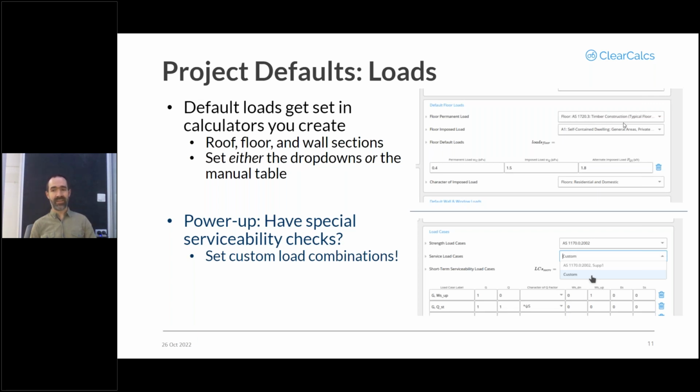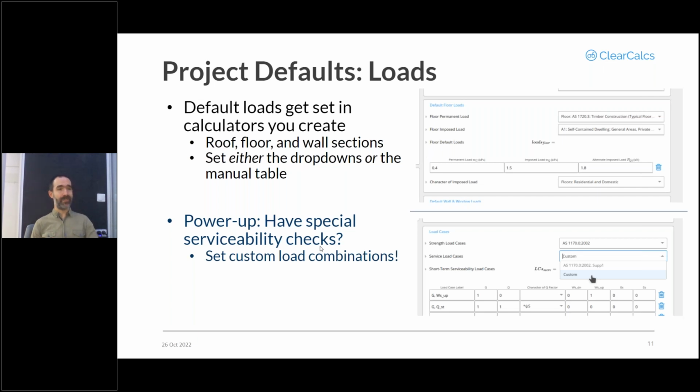I could select that I want the standard AS 1720.3 timber construction load for my permanent load. Or if I know that I want a 0.4 kPa permanent load, I can just straight type that into the table here as well. Either option will work. It will get propagated through all of your calculations based on project defaults here.